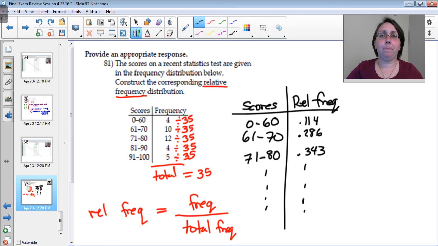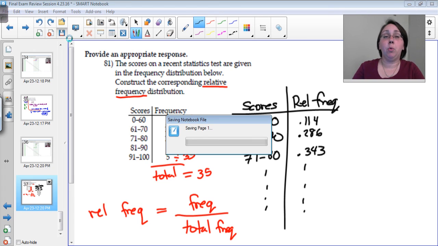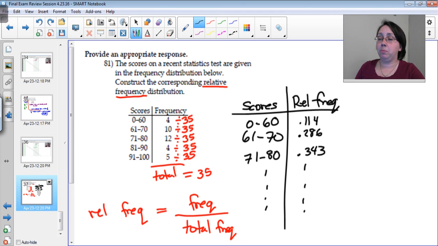Are we okay with that? That's all you do. If you want to change them to percentages, that will also be acceptable, but this is fine. So that's basically the answer. You don't have to do it in percent. I'm okay without the percentages because the book goes back and forth between the two, and they didn't specify which way they want it.